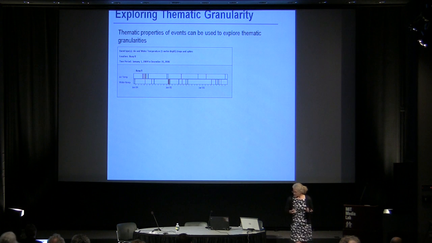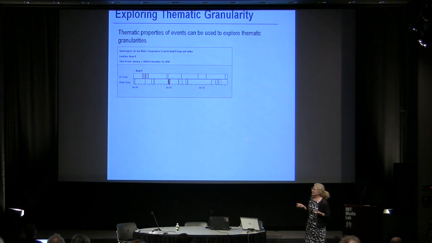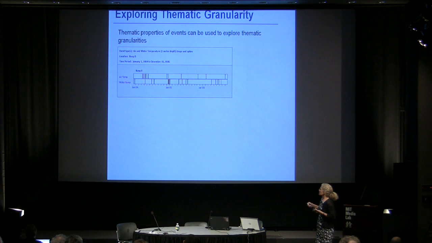And then we can also partition the thematic dimensions of the problem and look at, in this case, air and water temperature drops and spikes. So this would be a really rapid decline or increase in temperature, and comparing these in air temperature with those in water temperature.